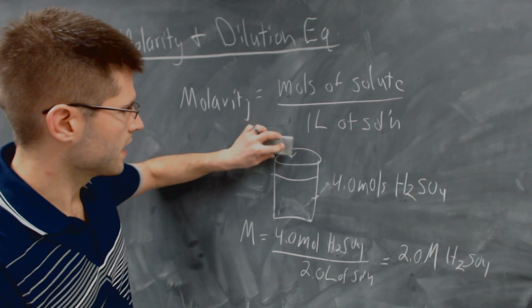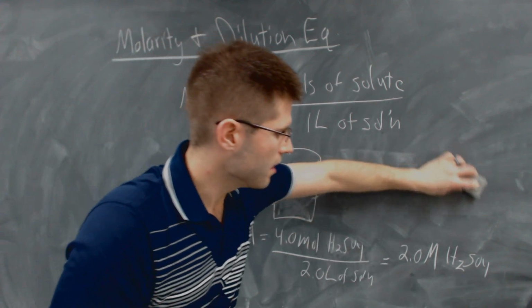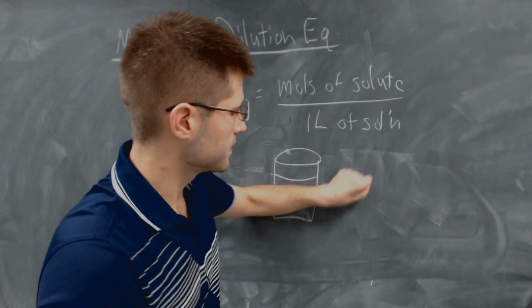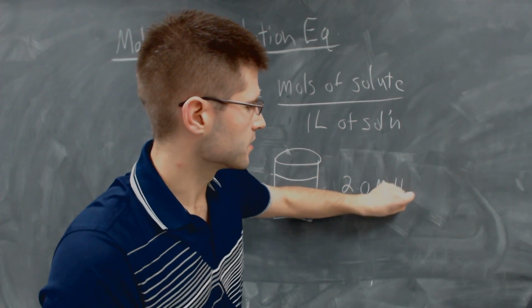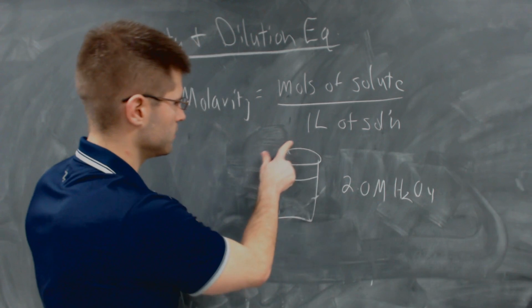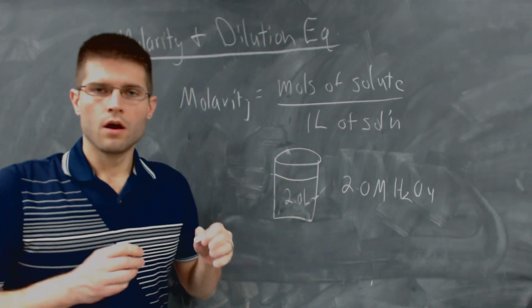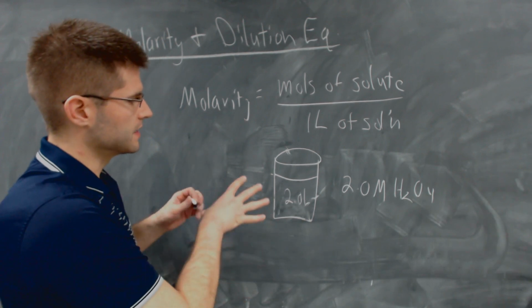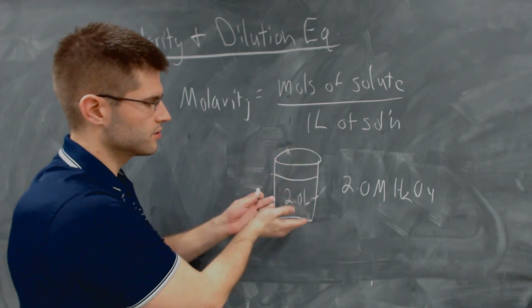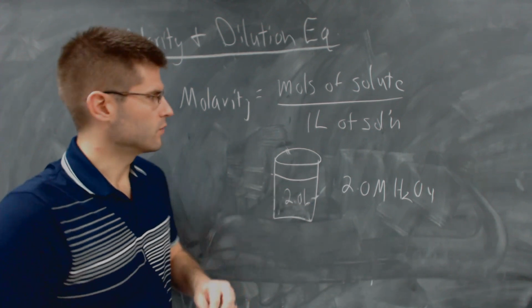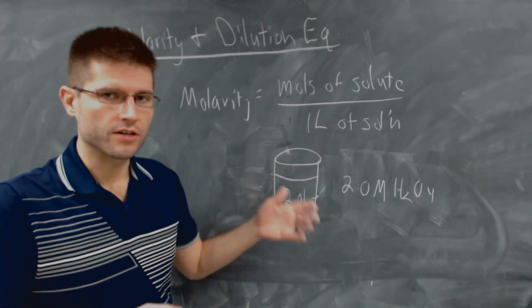So let's say we had our beaker. We know that it's filled with 2.0 molar H2SO4. And we're going to say that we have the 2 liters here. We can also do something where instead of just taking the original solution and finding the molarity, we can add in more solvent, which is the water in this case.